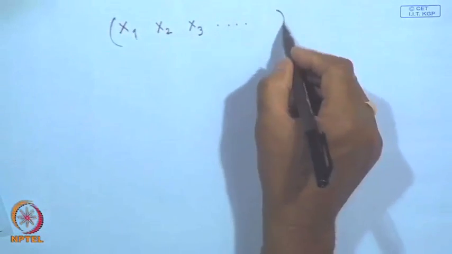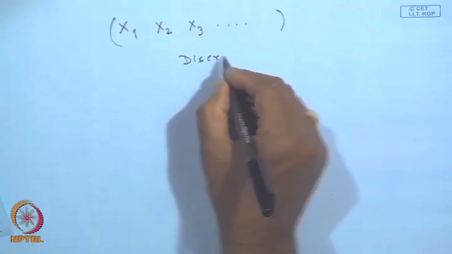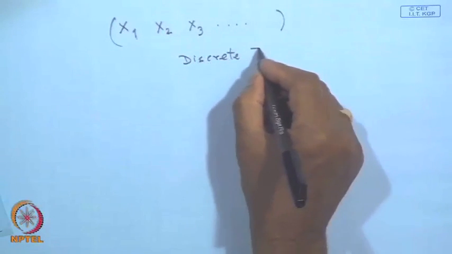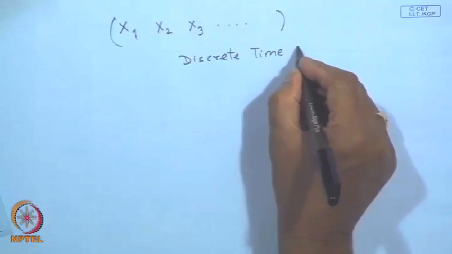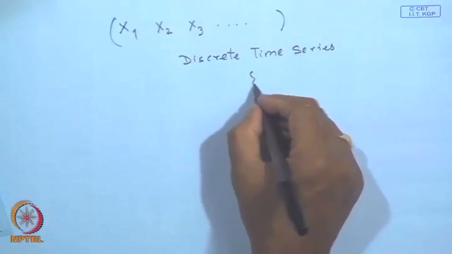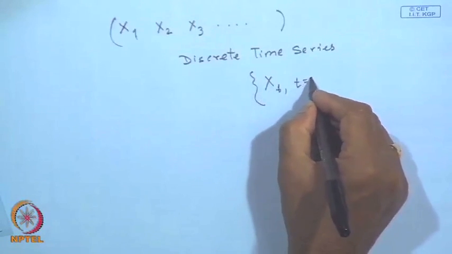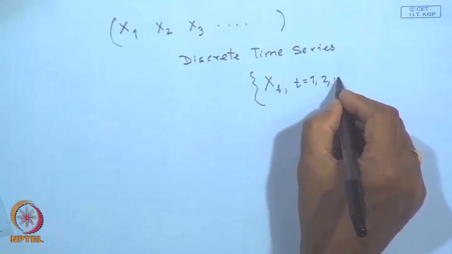This is called a discrete time series. Normally, it is written as x t, t equals 1 to n.